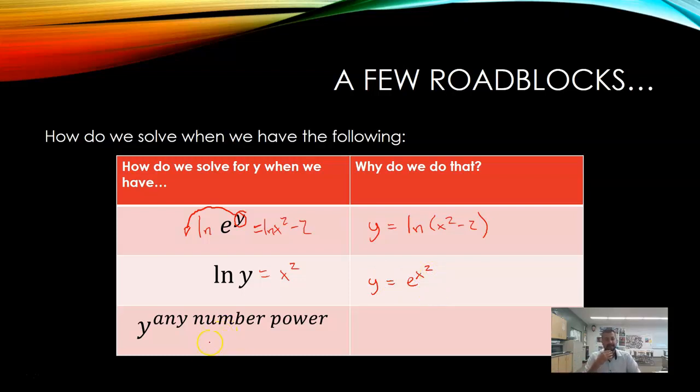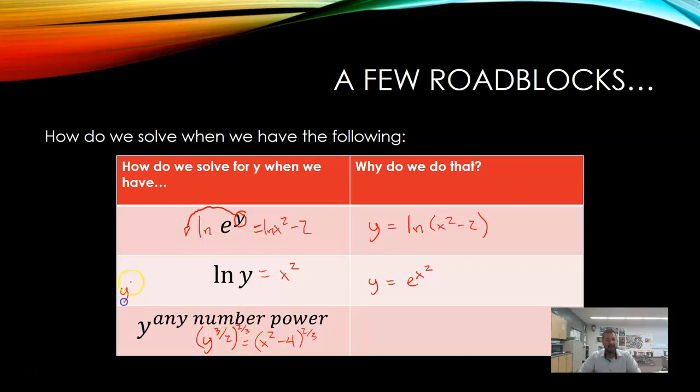Now, if I had y to any number power, and this happens from time to time, let's say I had y to the 3/2 power equals x squared minus 4, and I needed to get that y by itself. What we do to get rid of the exponent to get the y by itself is you take whatever the number is and you just flip it upside down and take both sides to that power, and it will eliminate that fractional exponent. And that works no matter what.